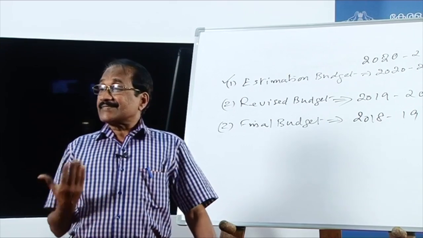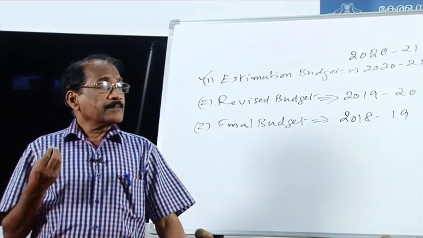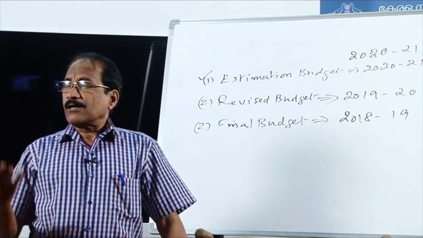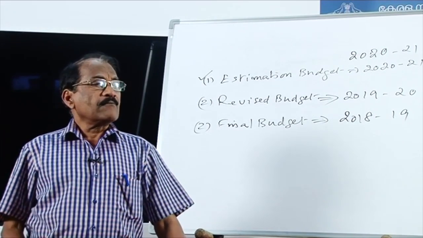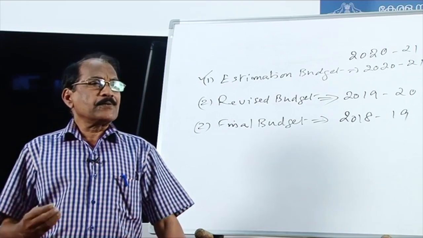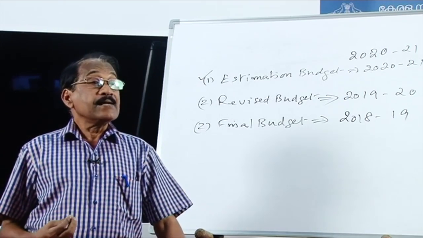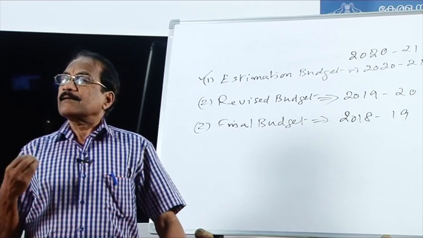As the general public, we are interested only in the schemes, what provisions, what activities, what expenditures may be made by the government for the benefit of the people during the next financial year. That is the most important, interesting area for the general public.